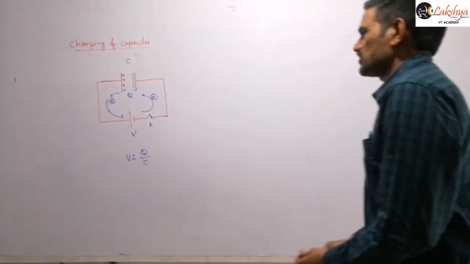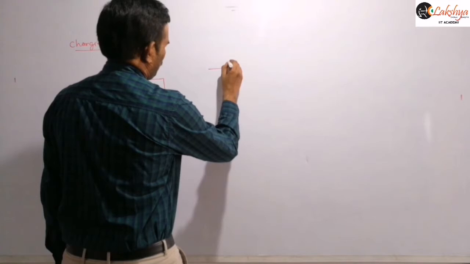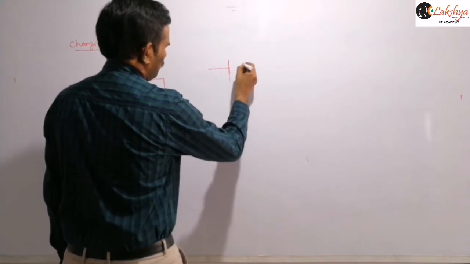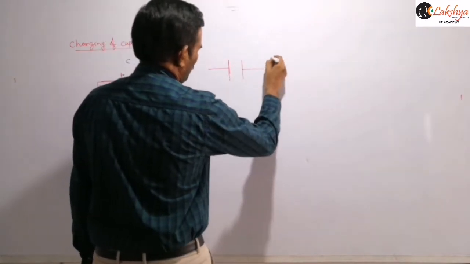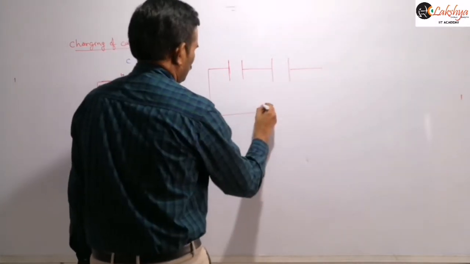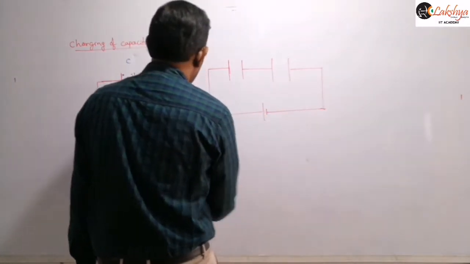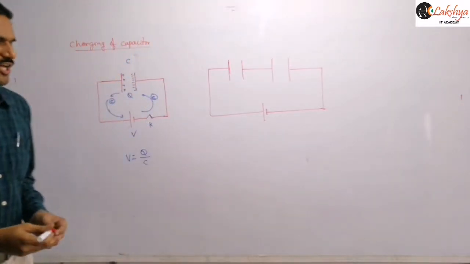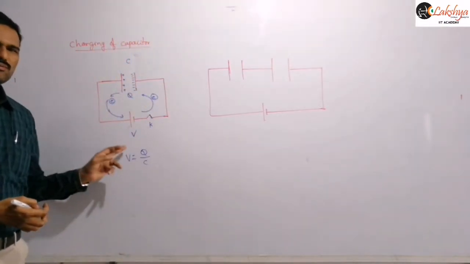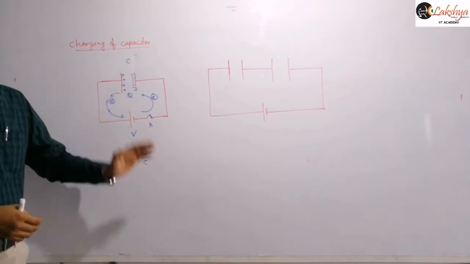Now, for example, let us see, I am taking two capacitors, connected like this. Here you should remember that charges are flowing in this circuit only until the charging of the capacitor is complete.